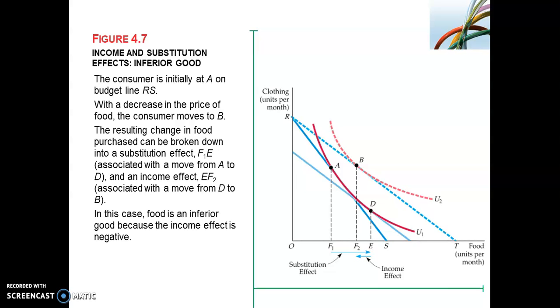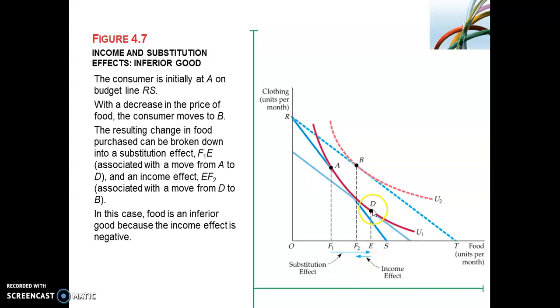As a result of food becoming cheaper, the consumer purchases more food, and that is the movement from F1 to E. And the income effect now is negative, and that is a movement from E to F2.